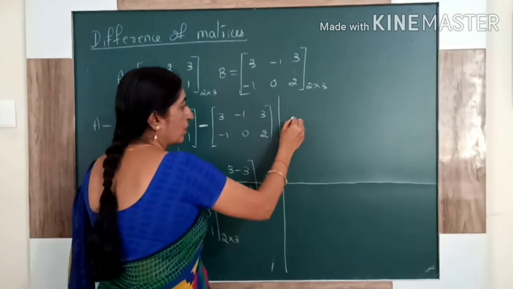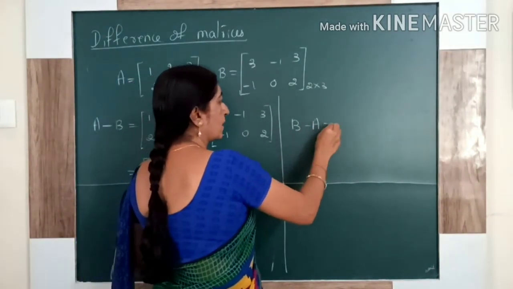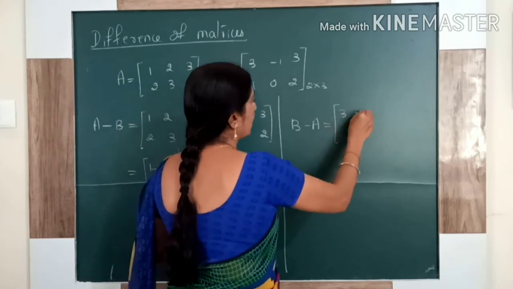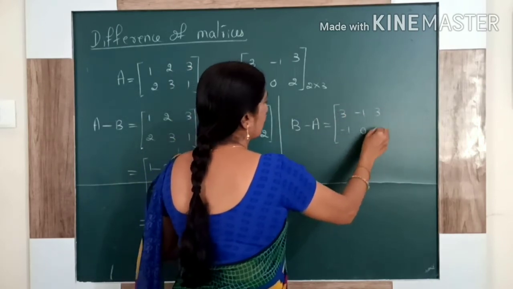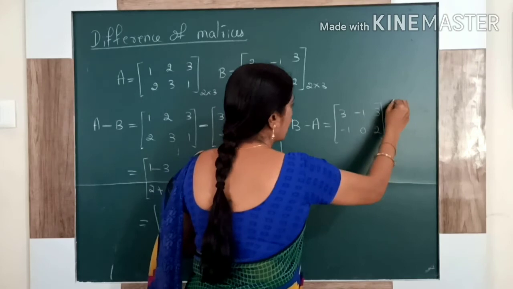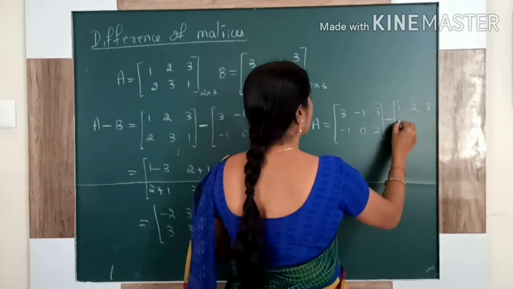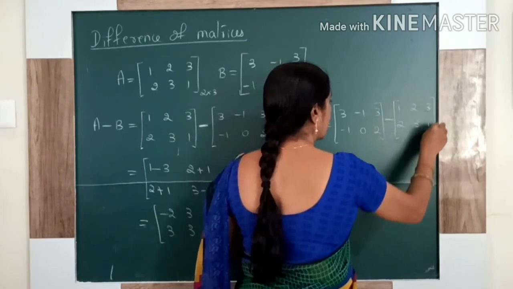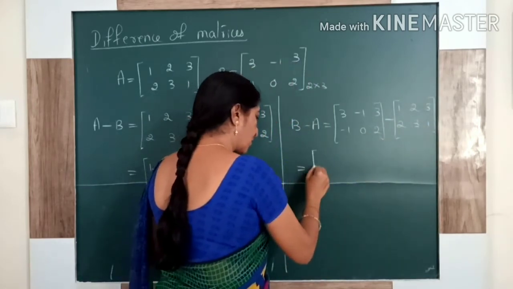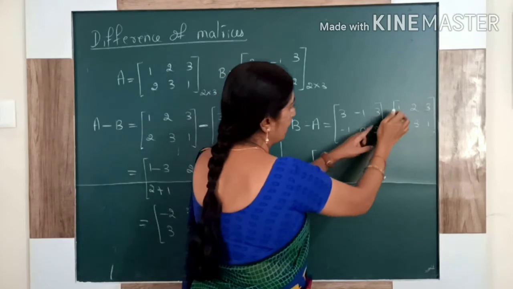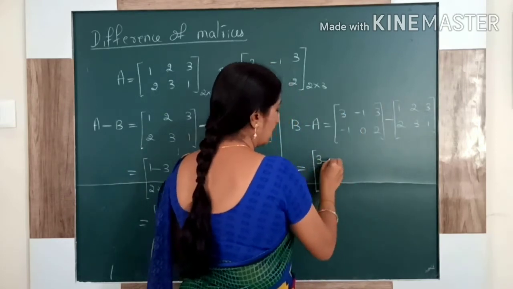Similarly, you can go for B minus A. First we have to write matrix B, then matrix A. After that, again go for the corresponding element subtraction. 3 minus 1.